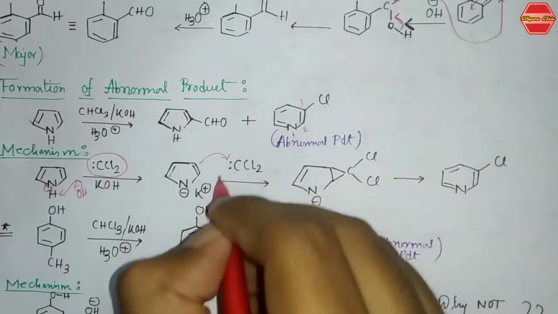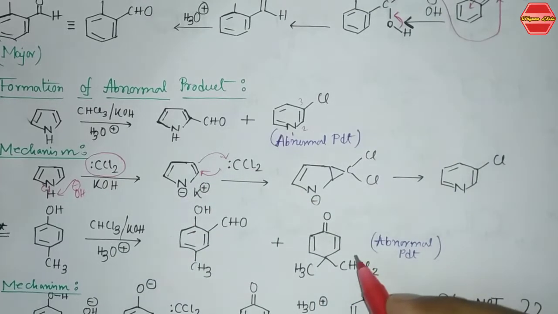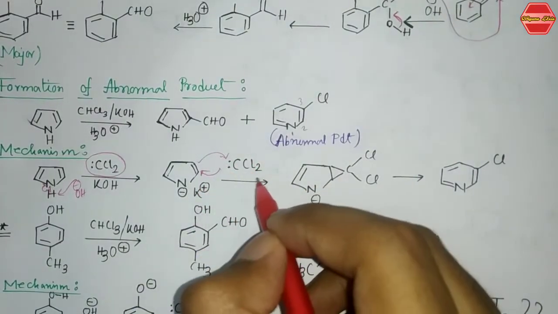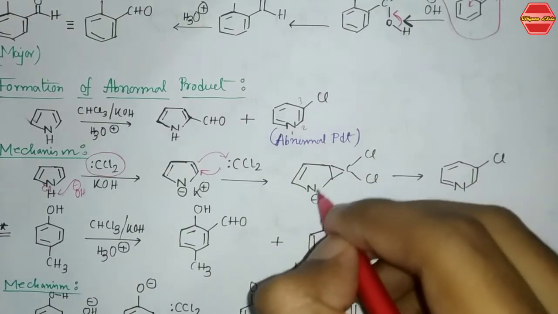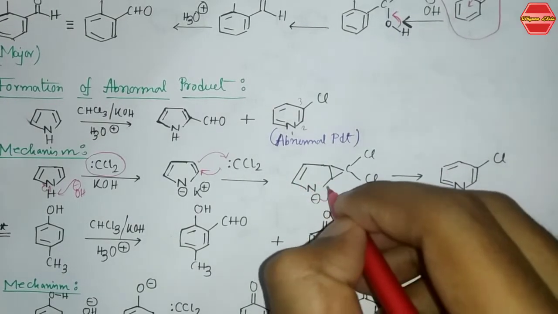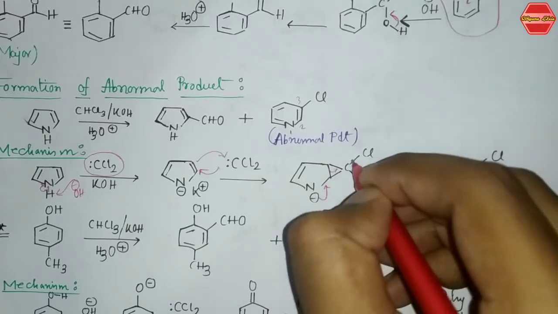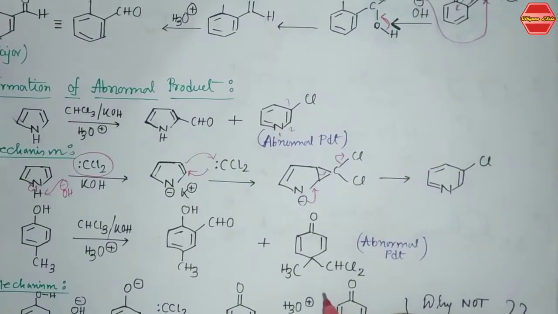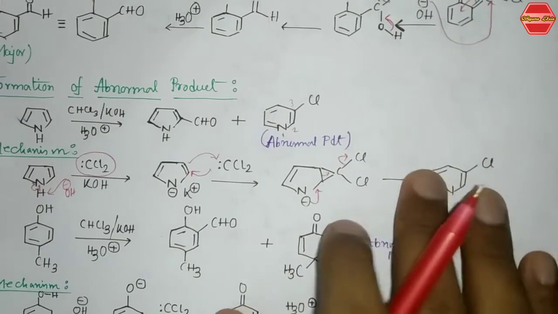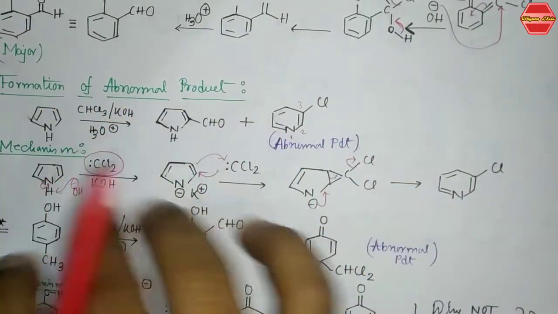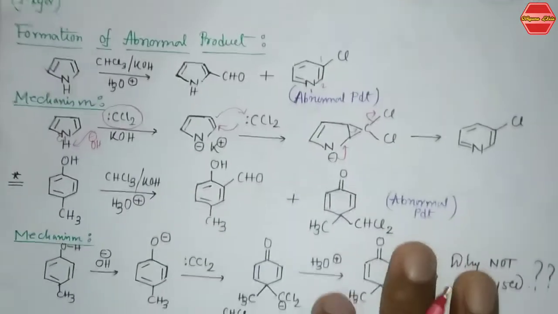Now it can react in this way, just because this is an electrophilic addition, and it can form a 3-membered ring. Now this negative charge can go here and this Cl can leave from the system, and that is how we get this abnormal product as a side product from this Reimer-Tiemann reaction.